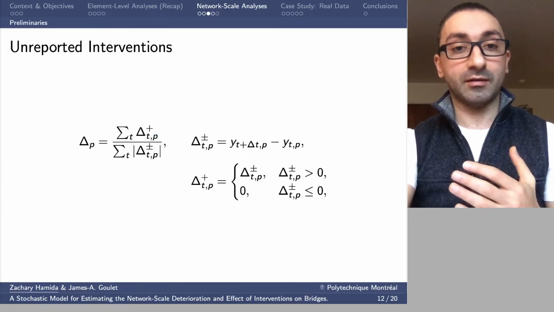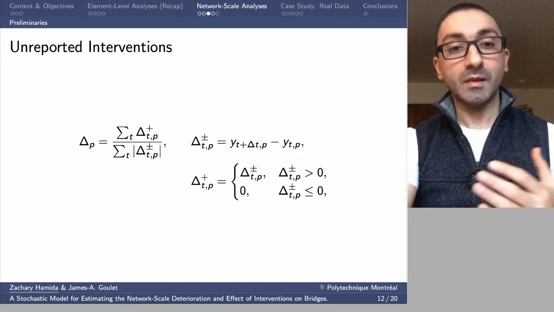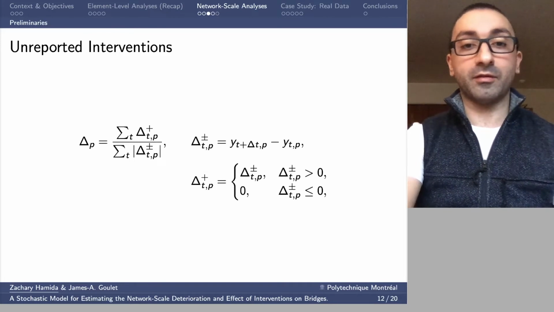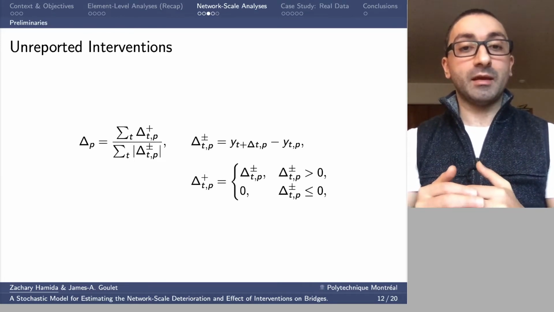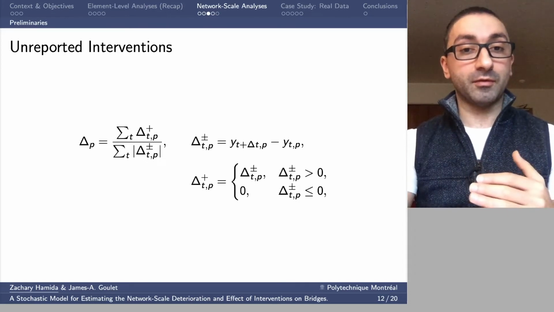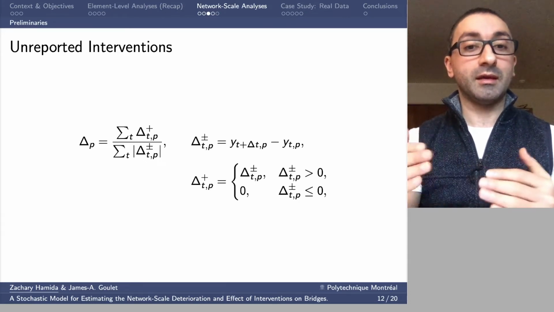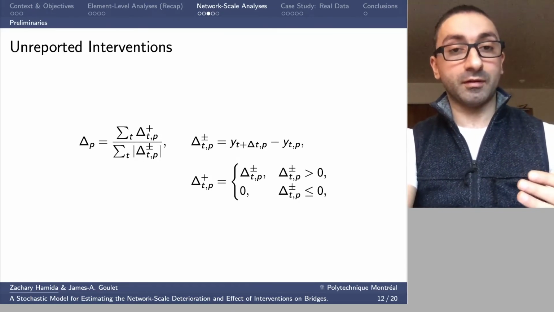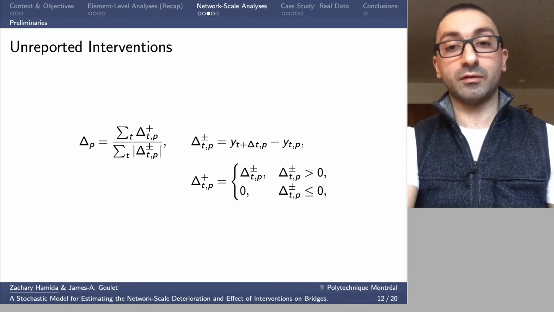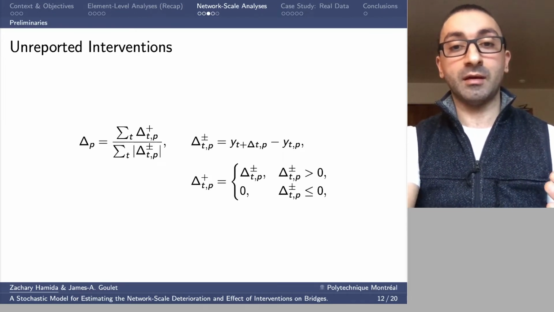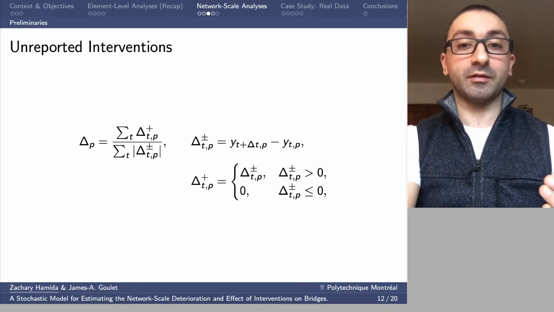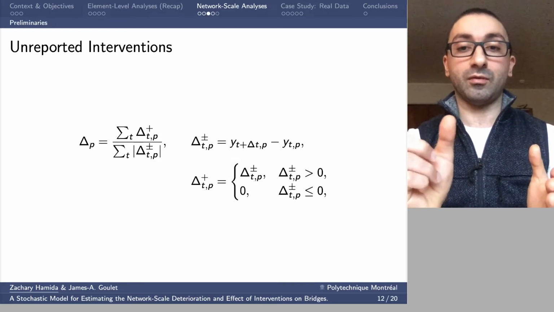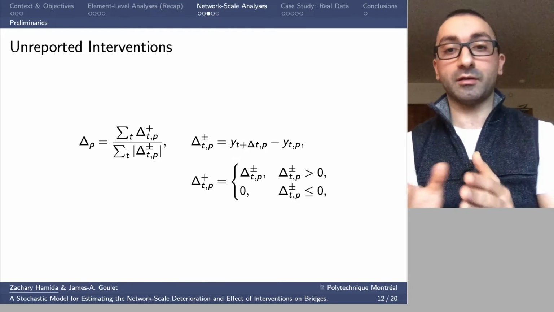This criterion is defined in these equations. The criterion is delta, and delta represents the ratio between the sum of the positive improvements over the sum of all changes, in absolute value. The changes are described as the difference between two consecutive observations, and delta t here is because observations do not necessarily happen every year; they could happen every 2 years.